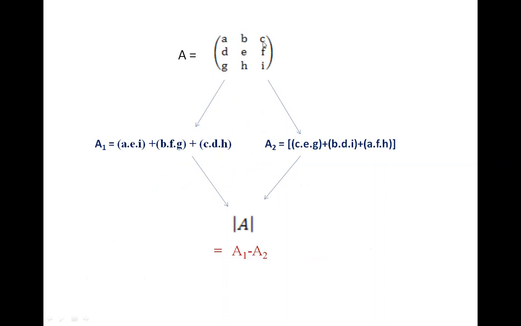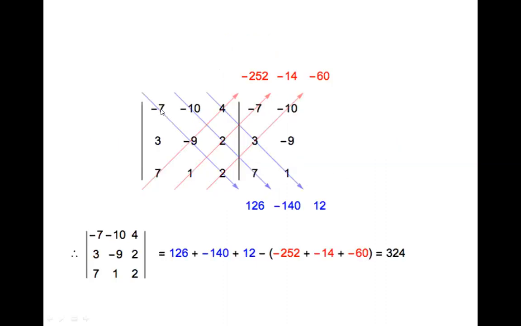So here in this example, C E G plus B D I and then A into F and H. So we are placing the columns of the matrix before and after the said matrix, of which we have to determine the determinant, and then we are taking the diagonal multiplication and the summation of this diagonal multiplication.